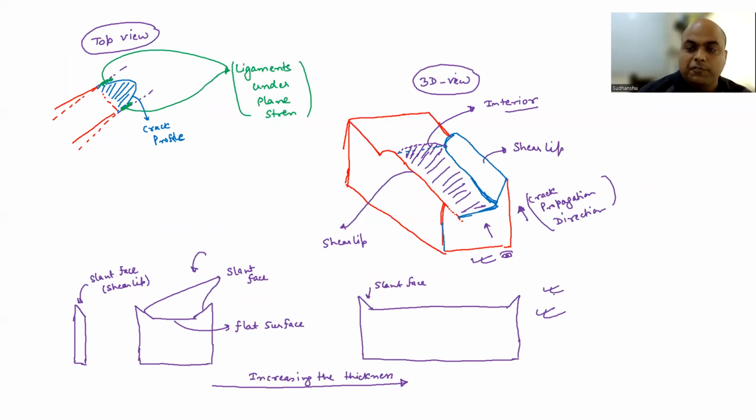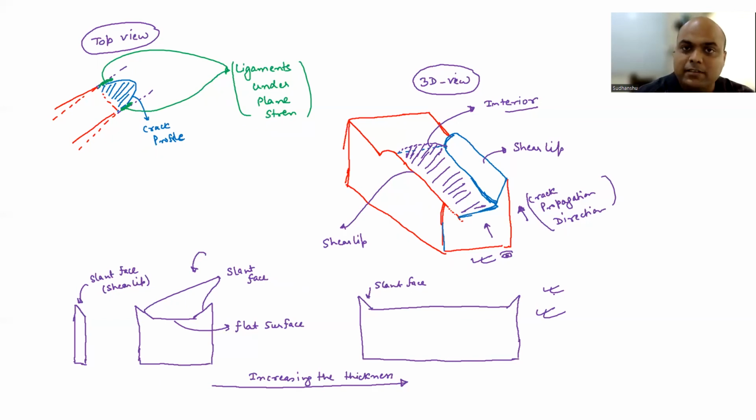Okay, so when you increase the thickness, the proportion of the flat fracture is going to be increasing, right? So after certain thickness, what is going to happen? The dominance of the flat surface, if you see the area fraction of flat surface and the area fraction of slant surface on the fracture surface, the dominance will be very high, or in fact you can neglect the effect of slant surfaces after certain thickness, right?